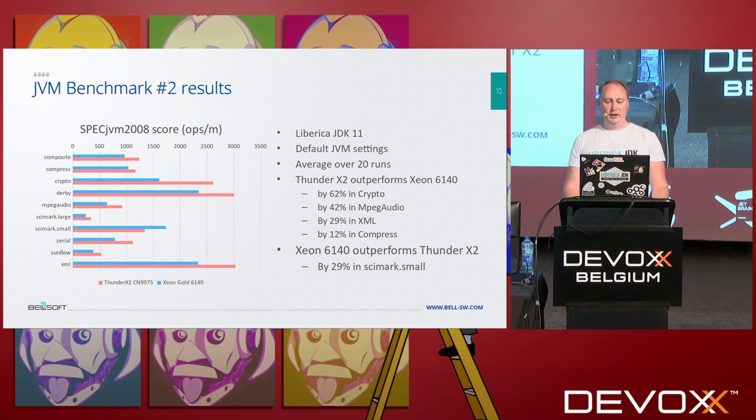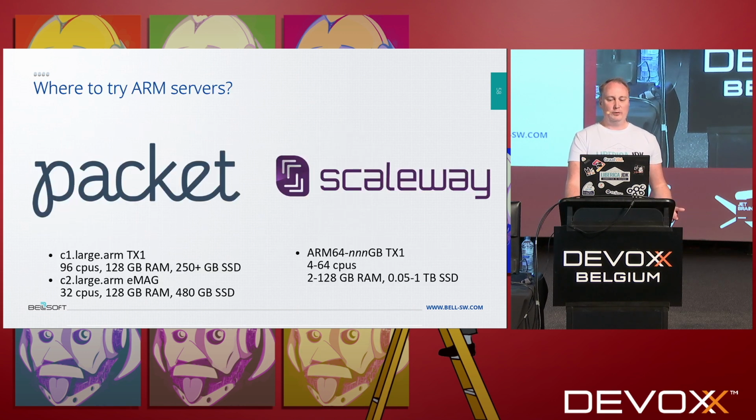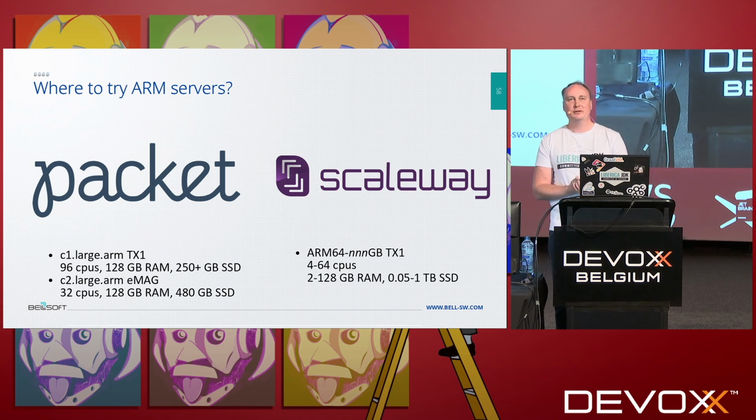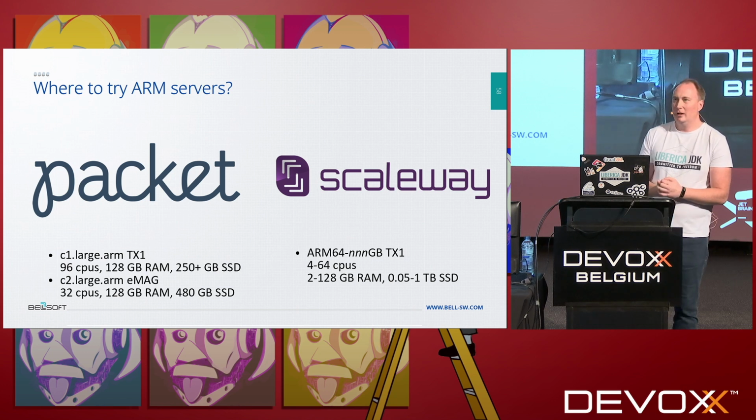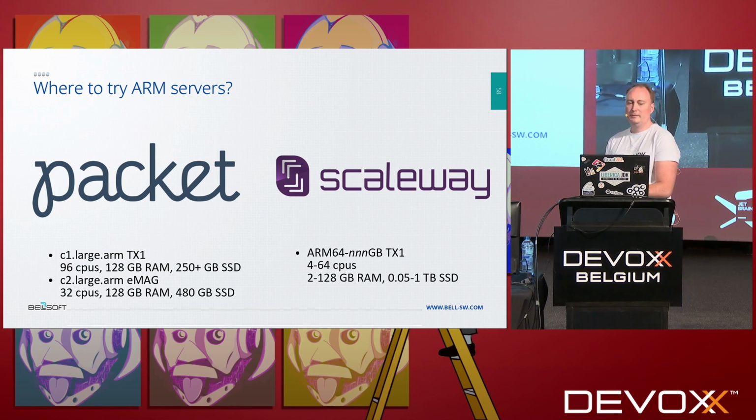But where do we actually get some ARM instance to run? Well, it's also easy. We just go to one of the providers in the cloud and get that instance. Like we can go to Packet, which provides us bare metal instances, from first generation of KVM machines, and a newer one is C2 large ARM, which is Ampere.